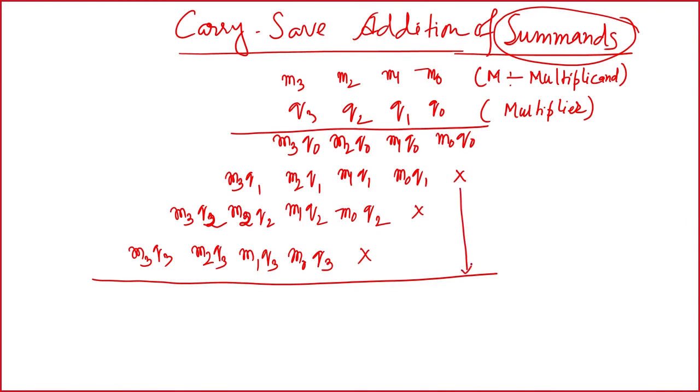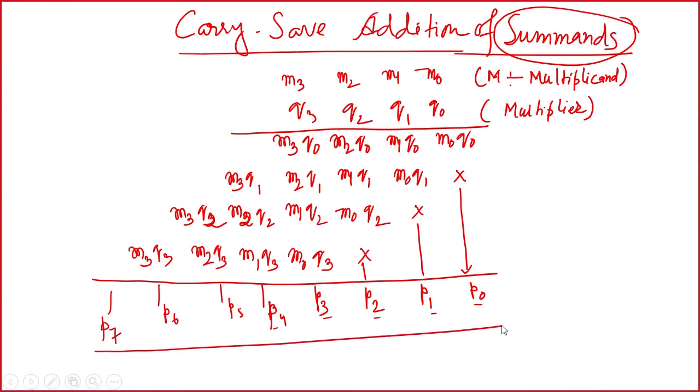So, here we can write p0, p1, p2, p3, p4, p5, p6 and then p7 will be the carry.